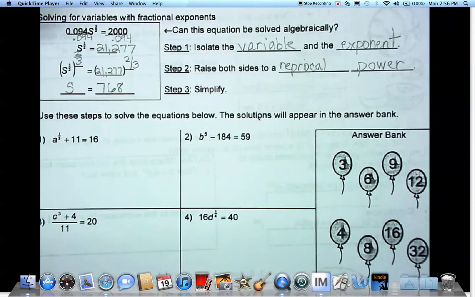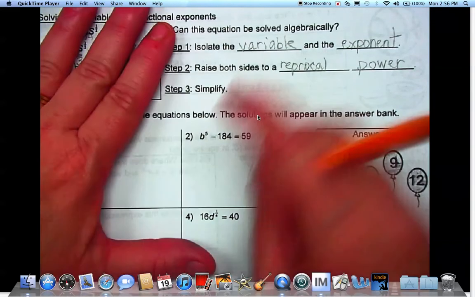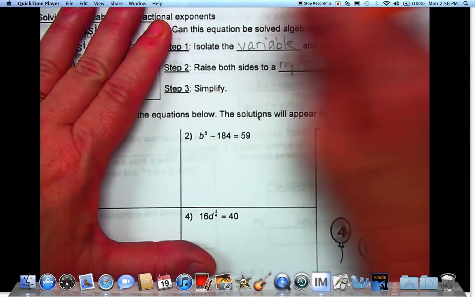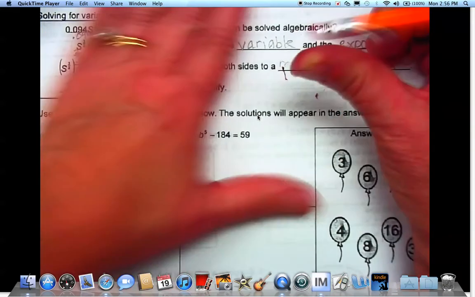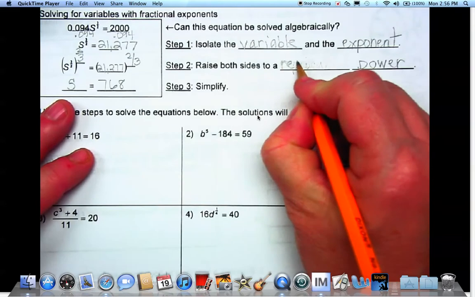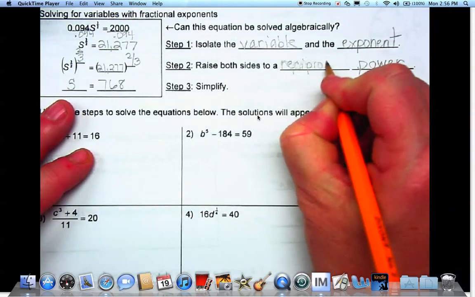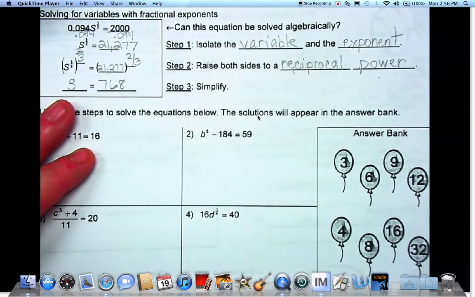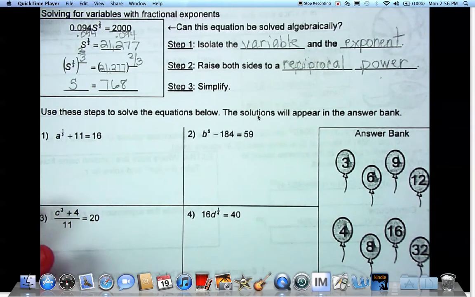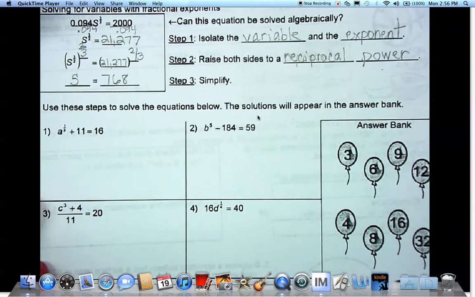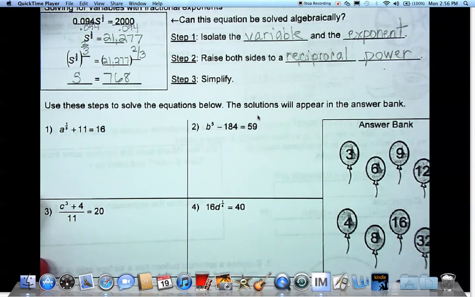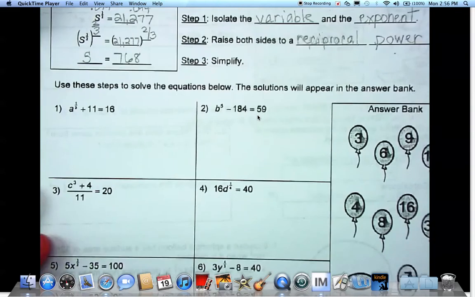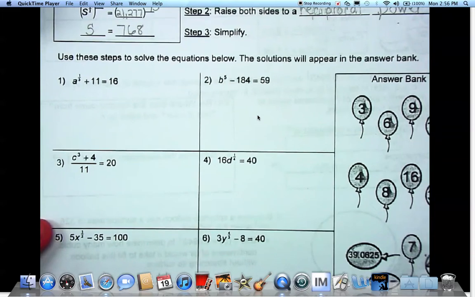Reciprocal. I left out the C, the I. Okay. I got you. Anyway.